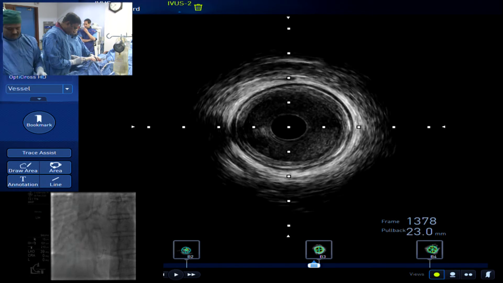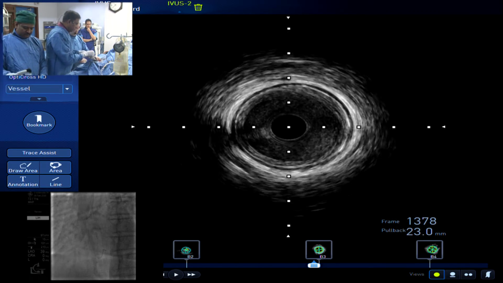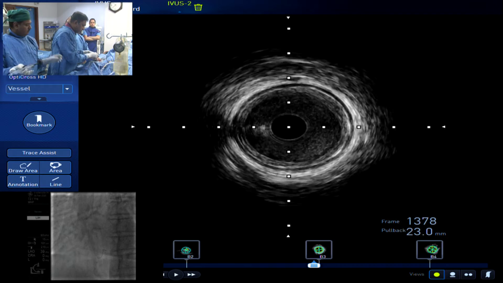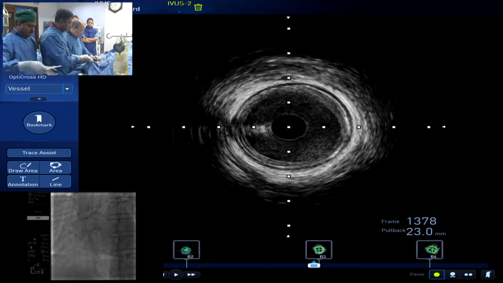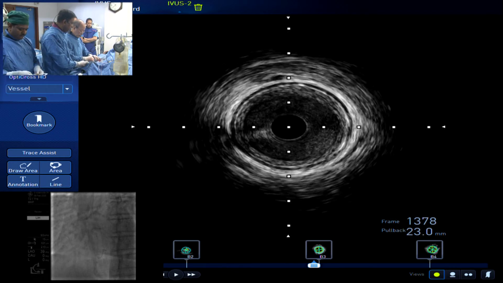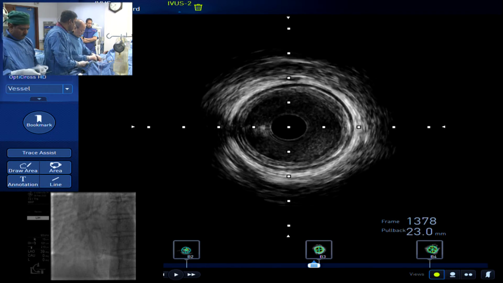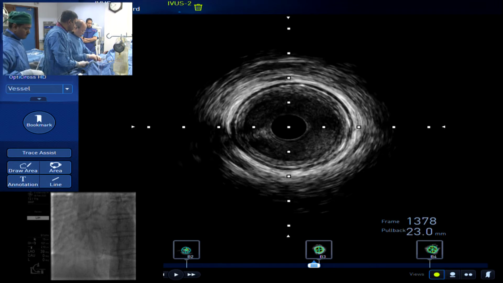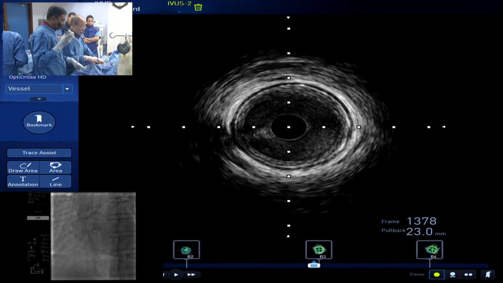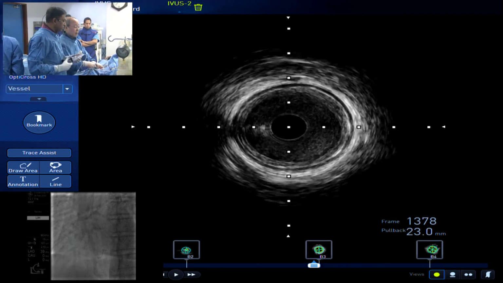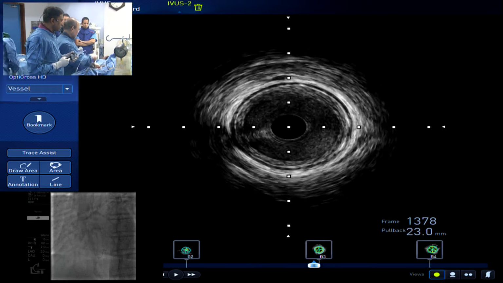So what is the strategy now? Are we putting the anchoring balloon back in, or are we going to predilate some more? Predilate more. I think he wants to predilate more. There was quite a severe lesion very proximally in there. While you predilate, Dr. Saito, you want to engage the guide deeper? Yeah, but cannot do it. Spasm?